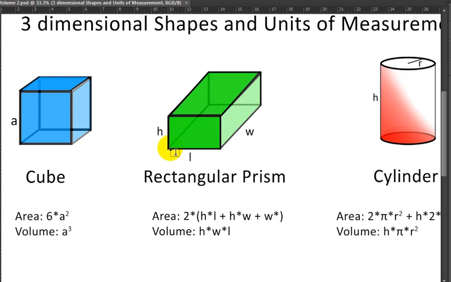We named them, as we explained yesterday, the height, the length, and the width. All the vertical edges are the same as the height. All of the horizontal edges are equal to the length, and the ones that move into the back are equal to the width.